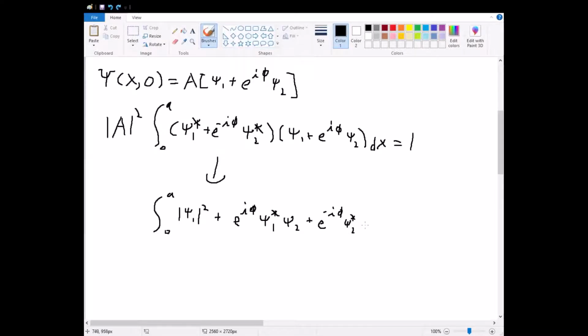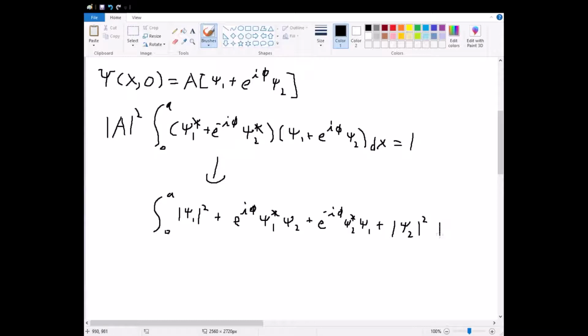That is a very horrible psi 1, my apologies again. Plus, e to the negative i phi times e to the positive i phi cancels out to 1, and we have psi 2 star times psi 2, which is just the magnitude of psi 2 squared.